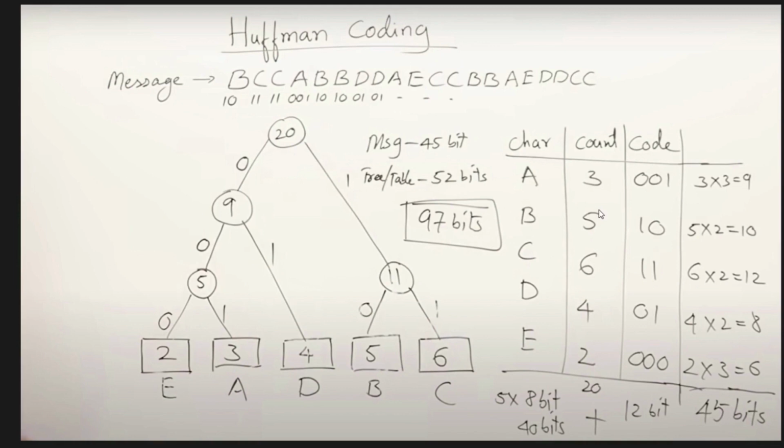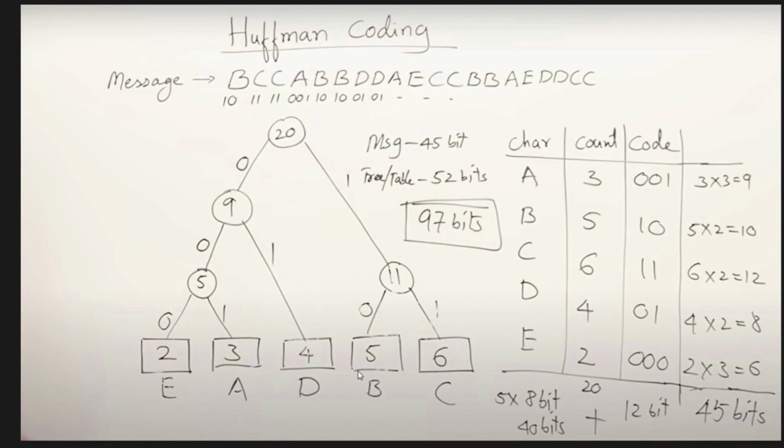So I have to arrange the characters in ascending order of repetition: E first, then A, then D, then B, then C. E is repeated 2 times, A 3 times, D 4 times, B 5 times, and C 6 times.